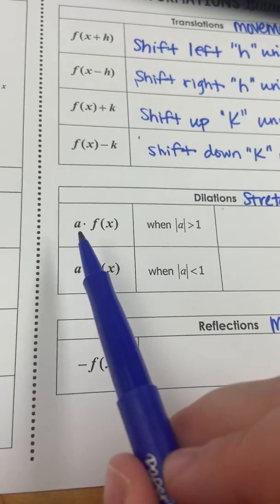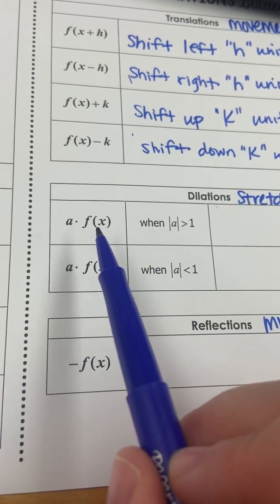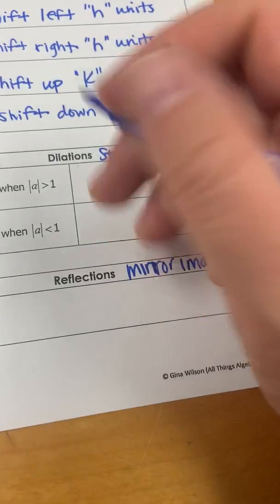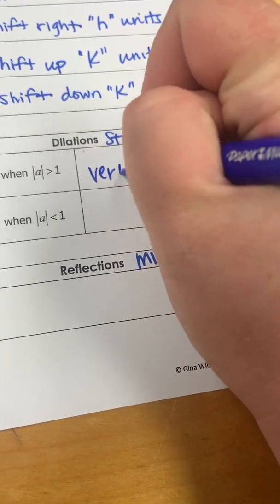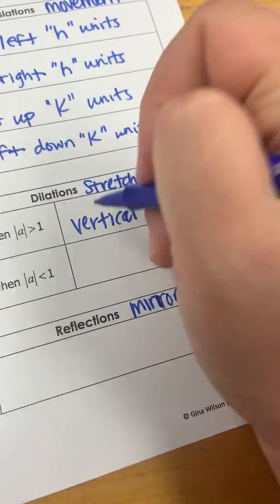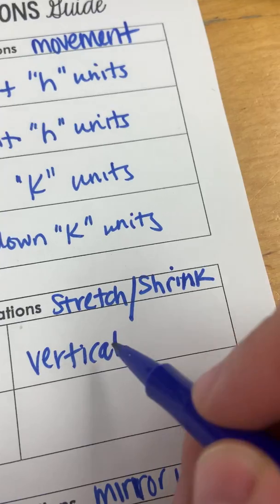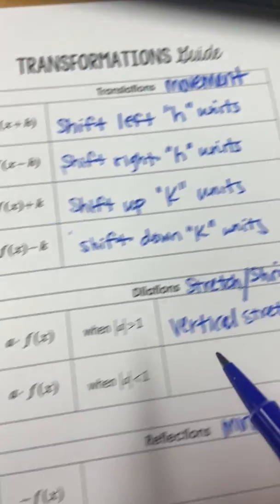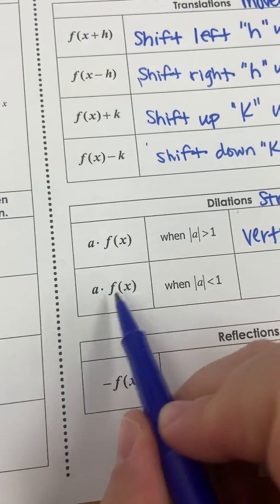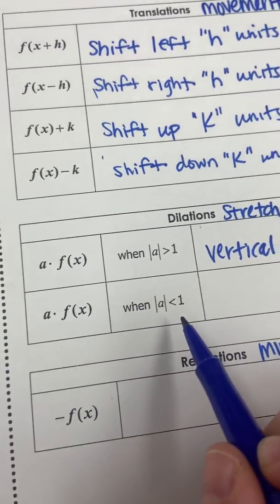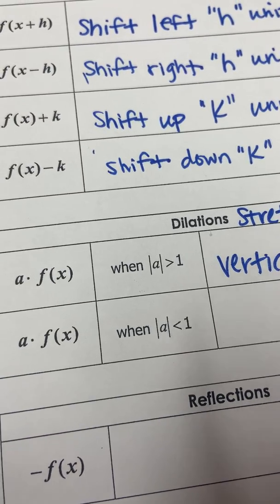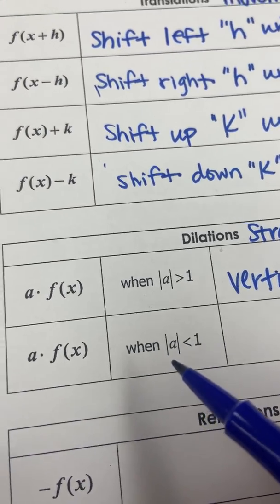If you have some number that's multiplied by the function, and I'm going to explain this in a little bit, and that number is bigger than 1, that's called a vertical stretch. And we saw that actually on our quiz. We saw it 5 times x. If you have some number multiplied by the function and it's less than 1, to be honest with you, it's not less than 1.